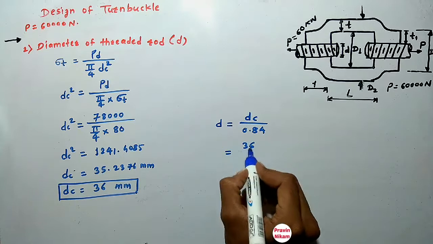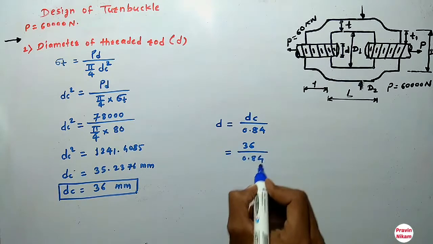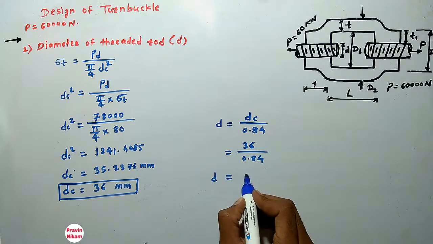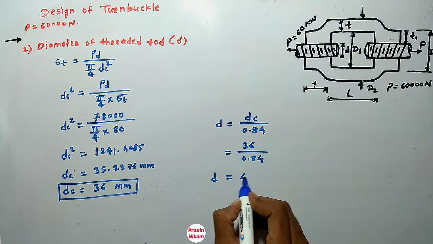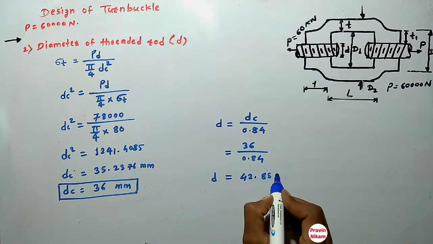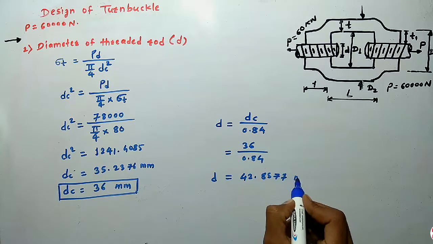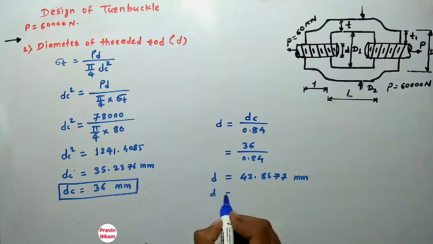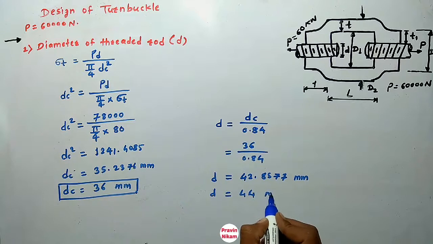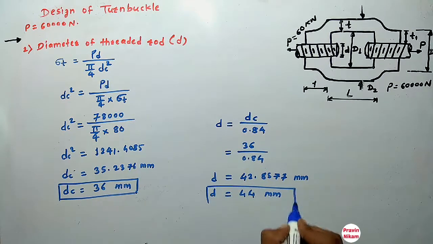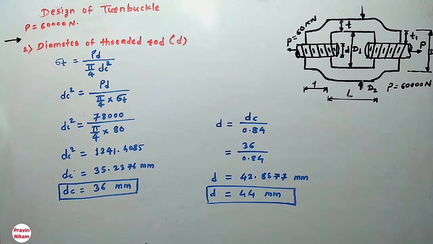So DC is 36 divided by 0.84. You get D is equal to 42.8577 mm. So round up this value, that is 44 mm. This is the nominal diameter of the tie rod.